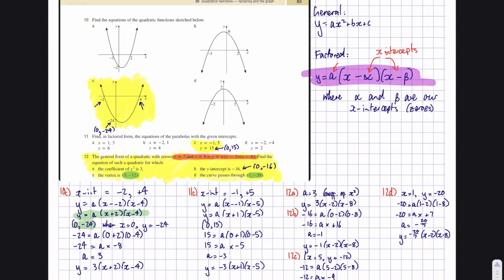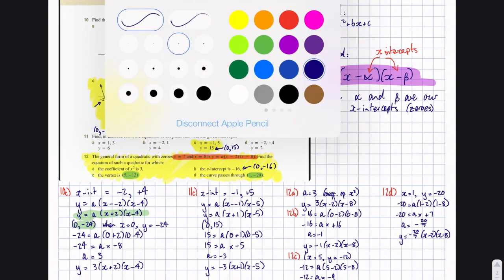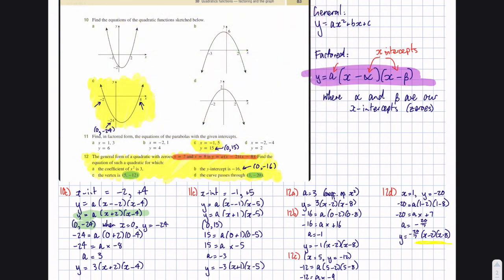If you wanted, you could expand it: the brackets would expand to x squared take 10x plus 16, and then -20 over 7 times that gives -20 over 7 x squared, take -20 over 7 times 10, which is -200 over 7 x, plus -20 over 7 times 16. It's not nice, so we would leave it factorised. They have not asked for it in general form.